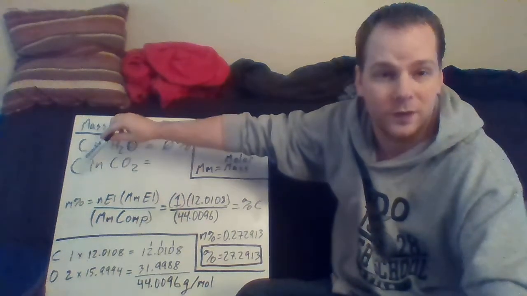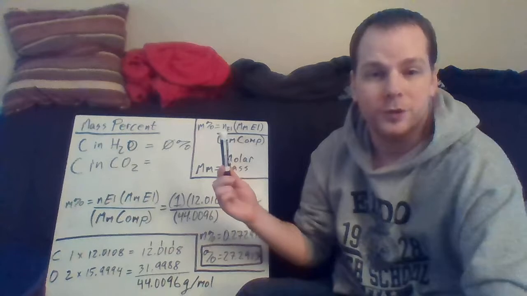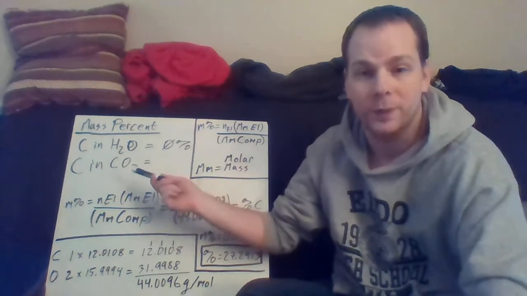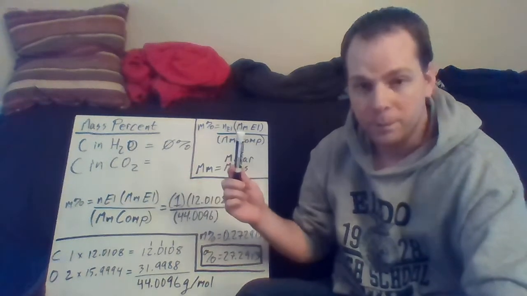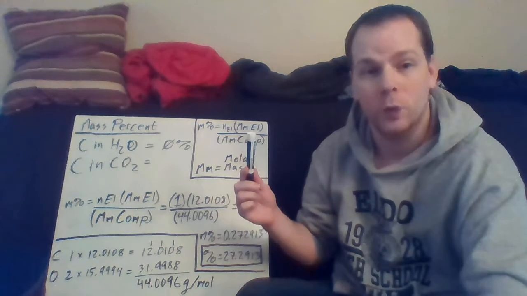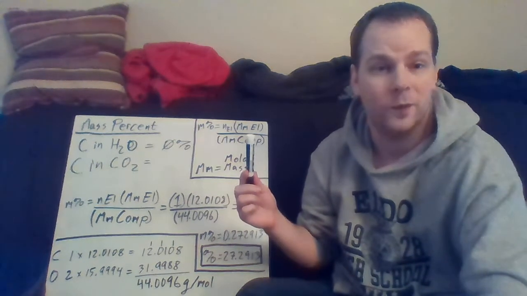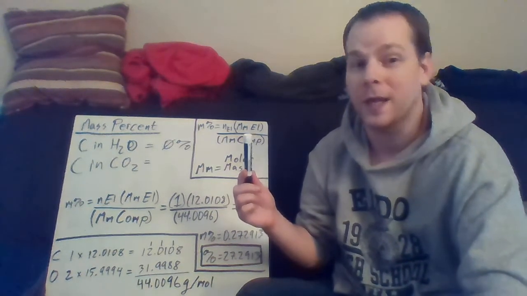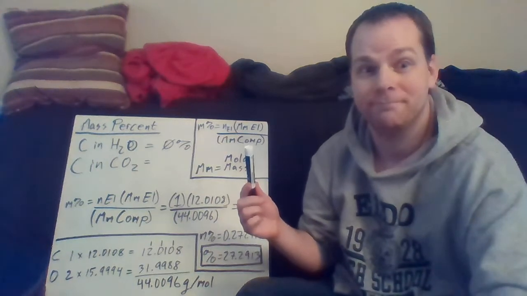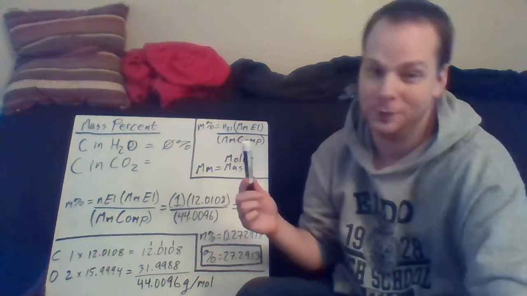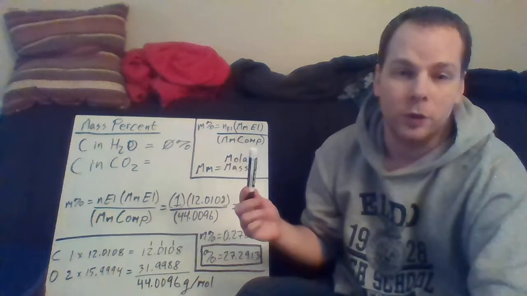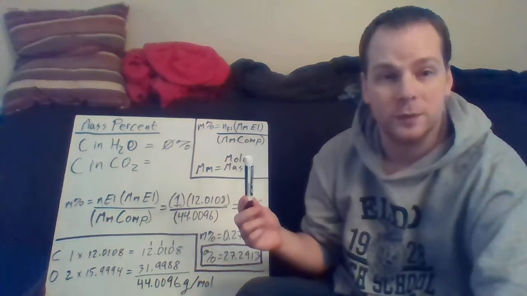So the element is carbon. The number of elements present would be 1 because there's only 1 carbon in this formula. And the molar mass of carbon is 12.0108, which you get off of the periodic table that I gave you, and you haven't lost, right? I hope not, because you need it. It's on Classroom. Then you divide that by the molar mass of the compound, which is CO2.